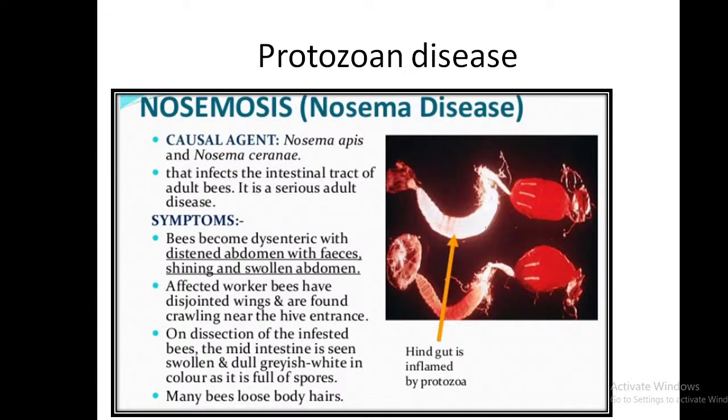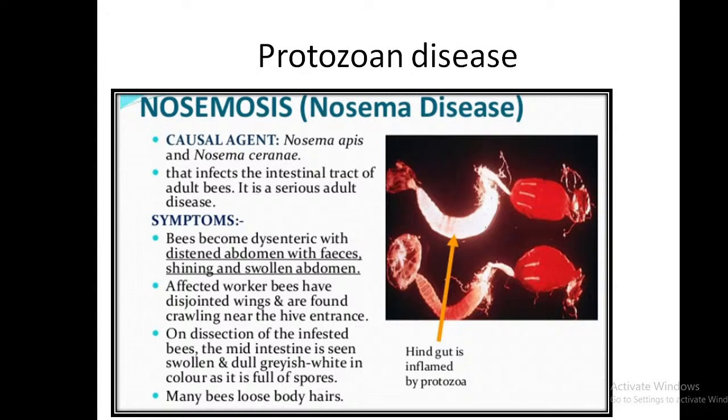In nosema disease, the causative agent is Nosema apis, a protozoan, and it affects the intestinal tract of the adult bees. The protozoan affects the intestinal region of the honeybees.